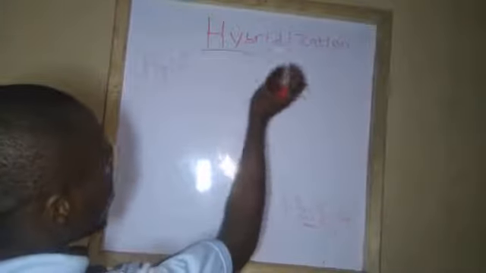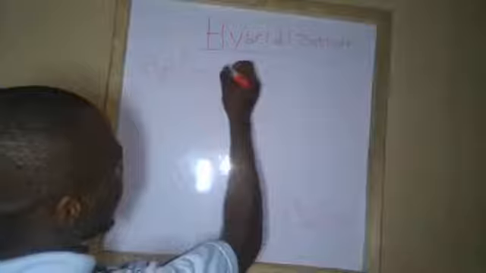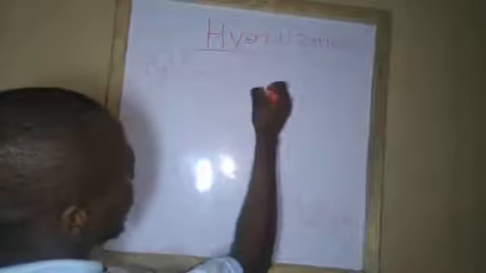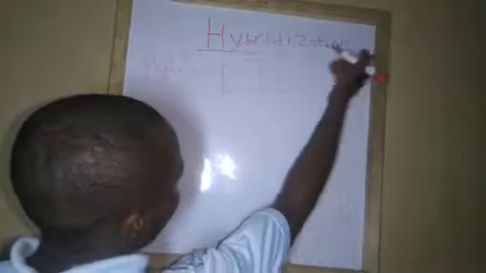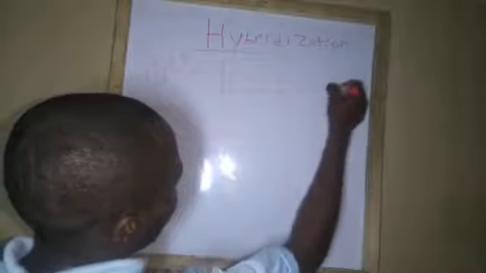So 1s2, 2s2, 2p4. Then let's set it up. We have an issue with 2s and 2p. So 2px, 2py, 2pz.